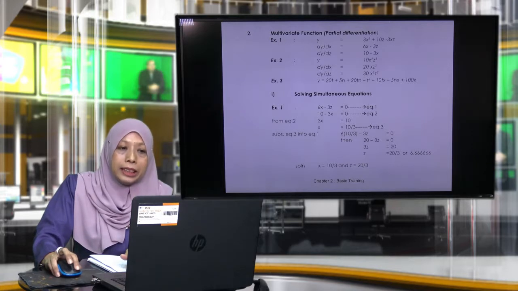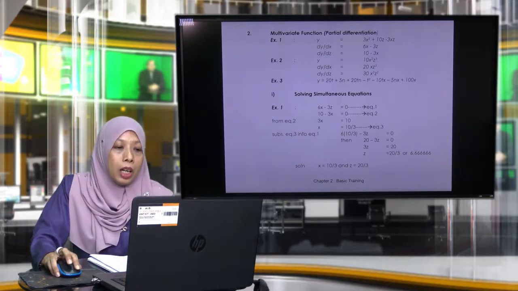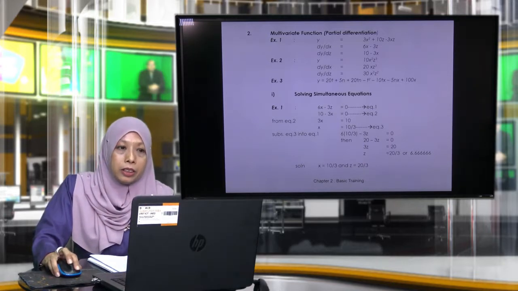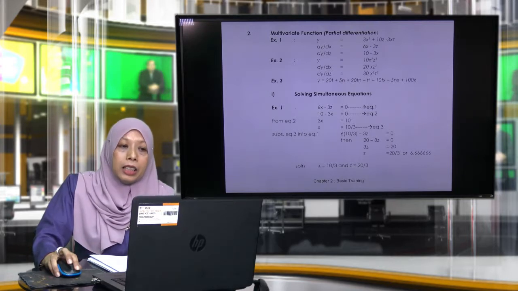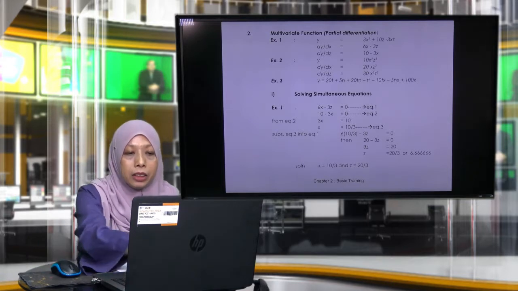Because this is a power function, you need to use the power function rule. How are we going to differentiate this power function? Remember, because you want to differentiate with respect to x, you need to bring down the exponent for x, in this case 2.